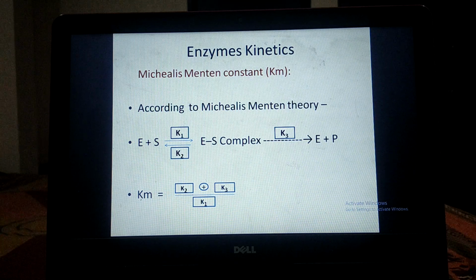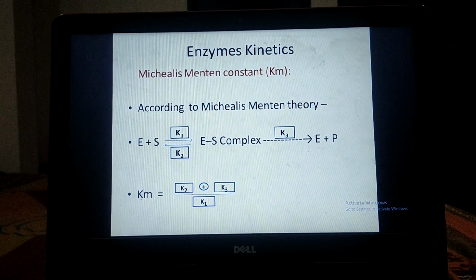All of you know that according to Michaelis-Menten theory, enzyme combines with substrate to form a temporary enzyme substrate complex or ES complex. It is a reversible reaction, and then this ES complex is broken down into enzyme and product, which is an irreversible reaction. So the rate of formation of ES complex is equal to its rate of breakdown.